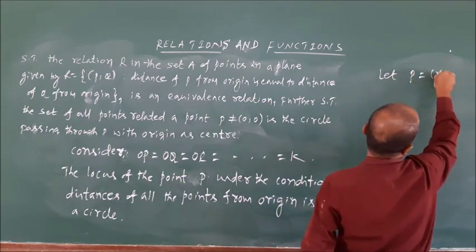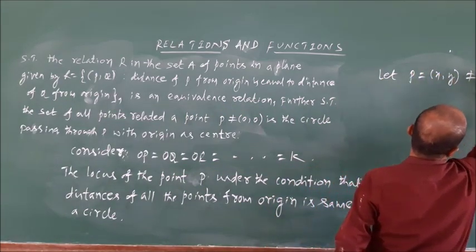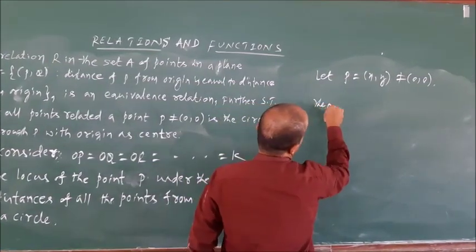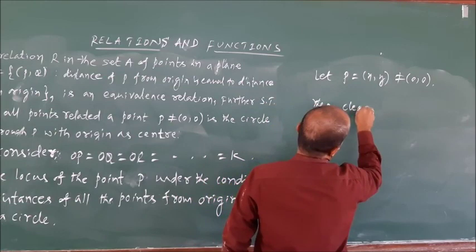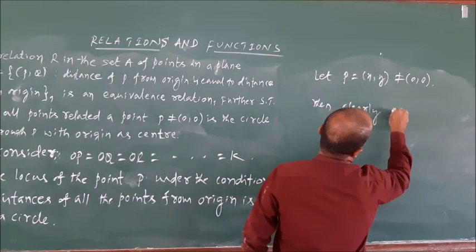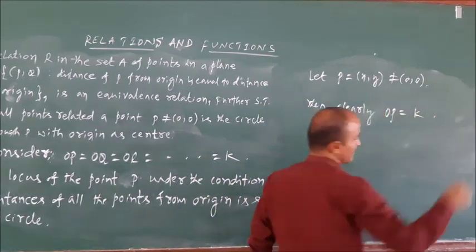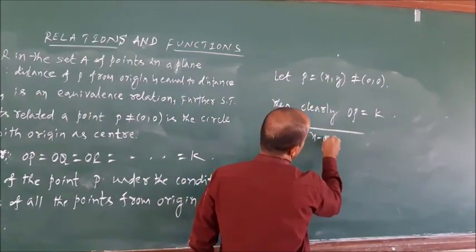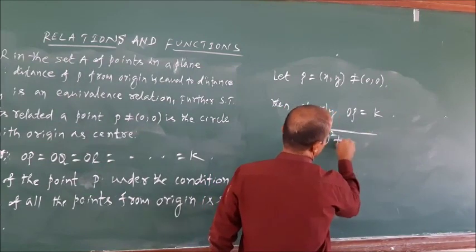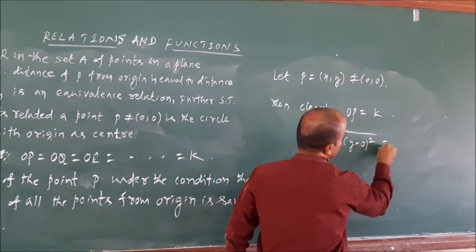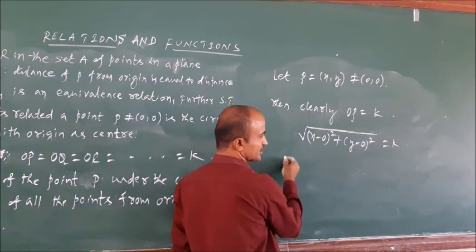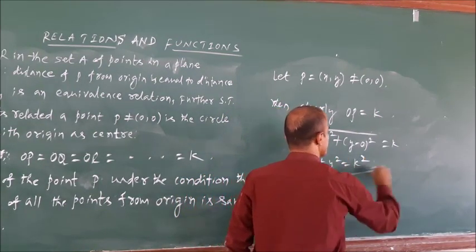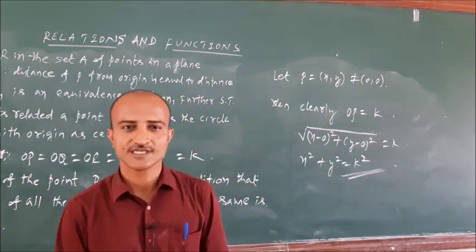Let P equals (x, y) not equal to (0, 0). Then clearly OP equals K. That is, by the distance formula, root of (x minus 0) whole square plus (y minus 0) whole square equals K. Squaring on both sides, we have x square plus y square equals K square, which is nothing but an equation of a circle.